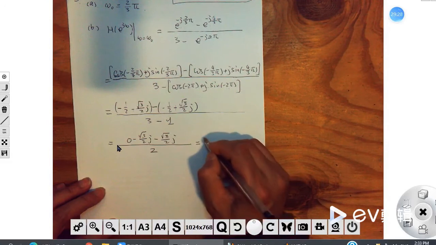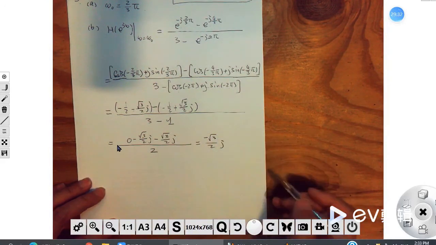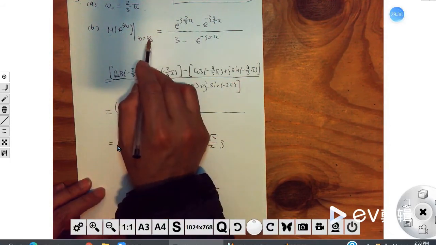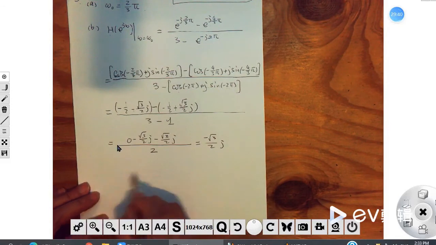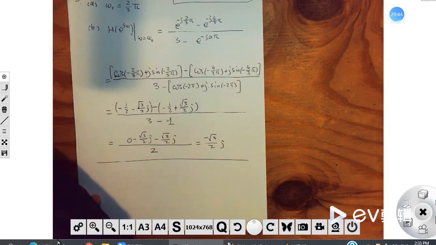So this is negative square root of 3 over 2j. So this is H of e to the j omega, where omega is omega 0.